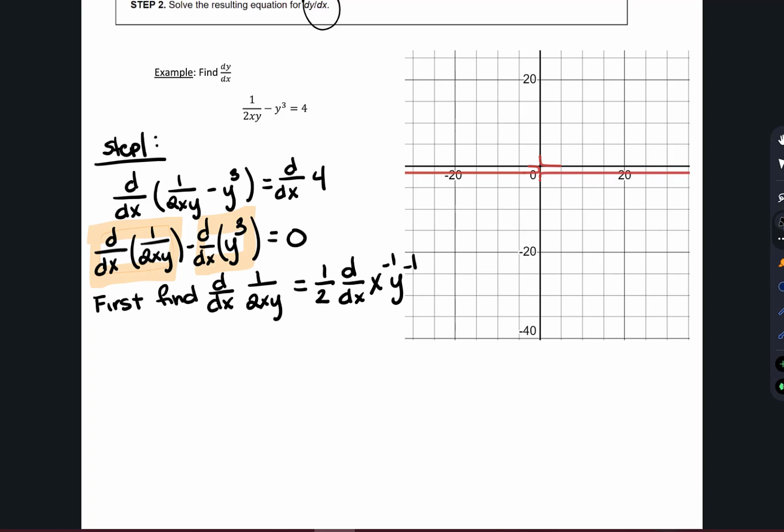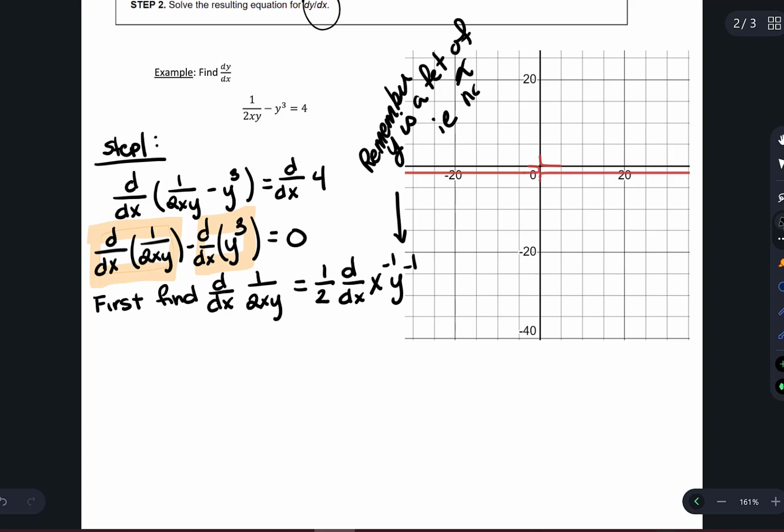So I can see that the power rule is going to apply, but also I've got x times y here. And this is a really important fact here: remember that y is a function of x. So y is not a constant.